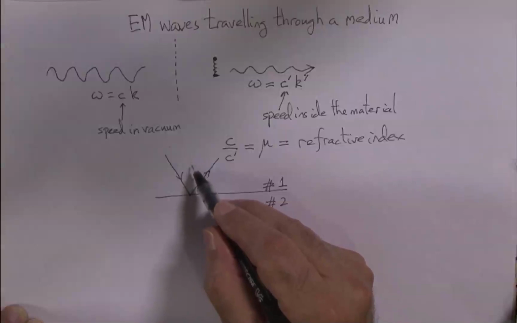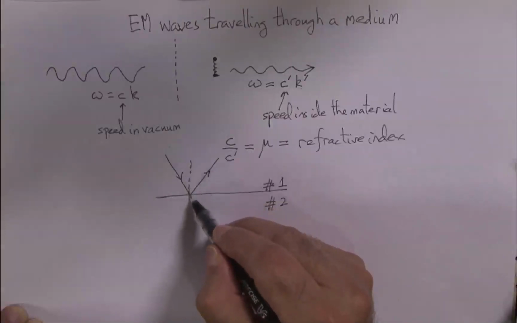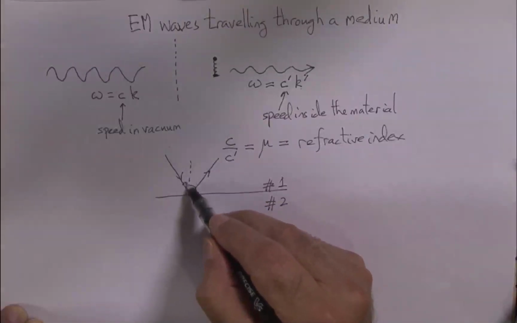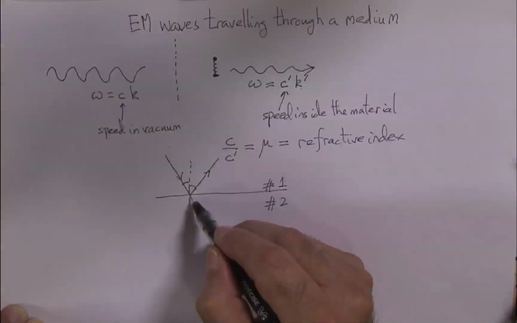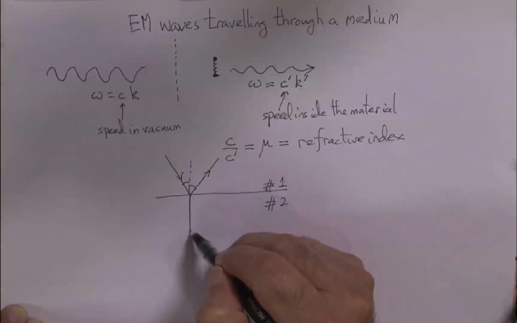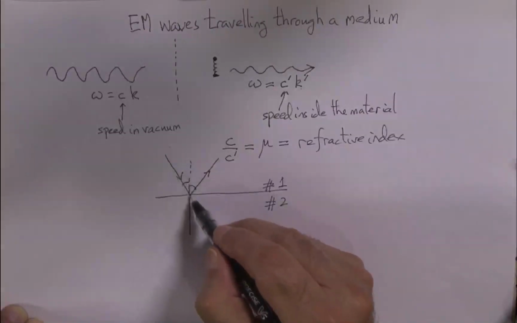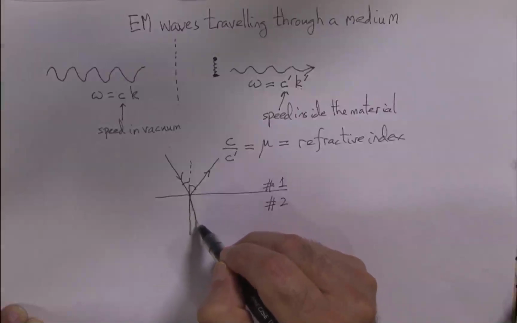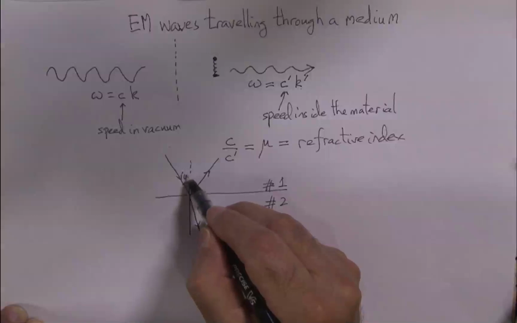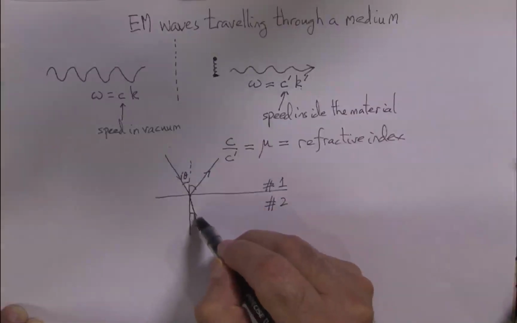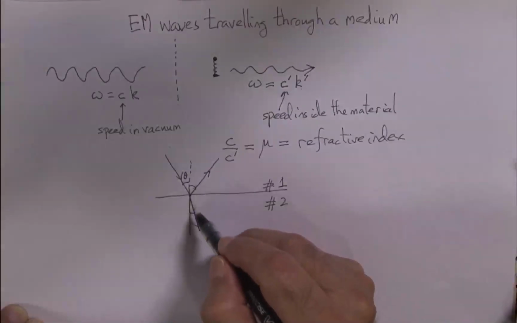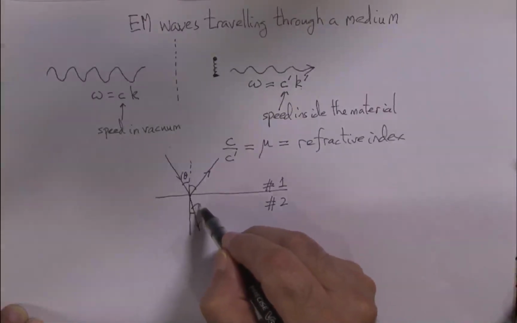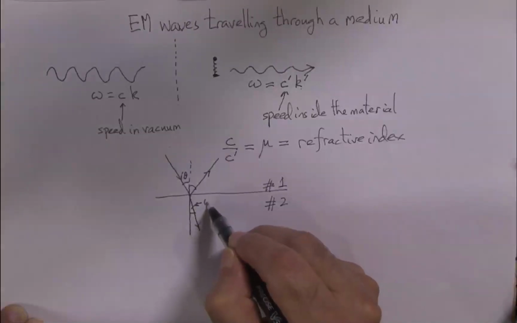And of course, the angle of reflection and the angle of incidence are both equal to each other. But then part of this is going to go through. So some of this will emerge into the medium. And if we call this the angle theta, then this angle over here will in general not be equal to theta. It'll be something else. We shall call this the angle theta prime.